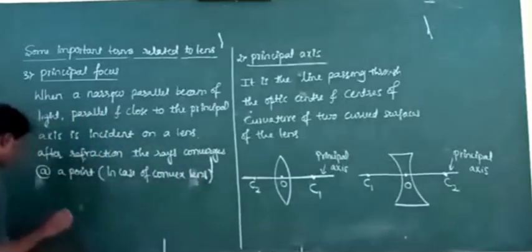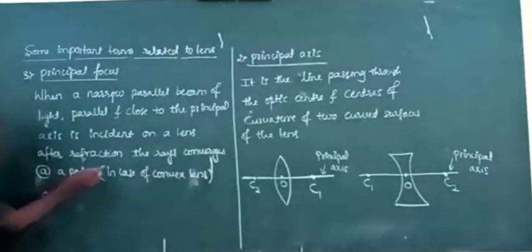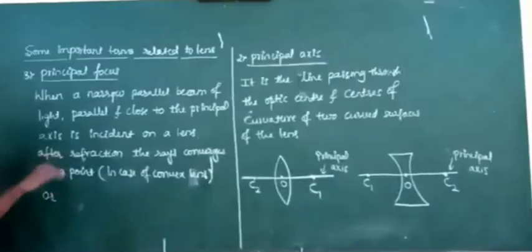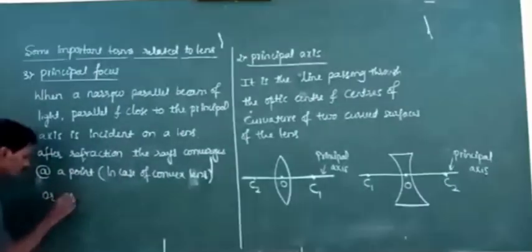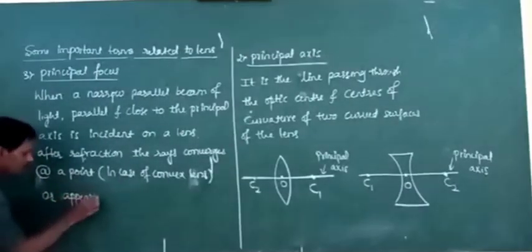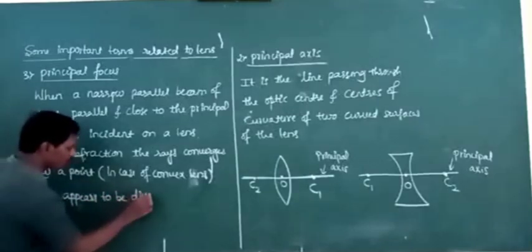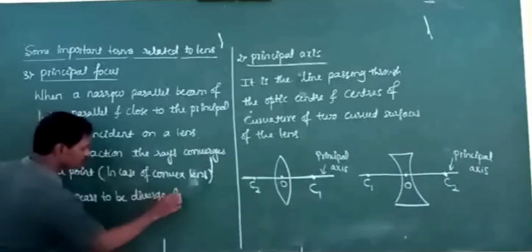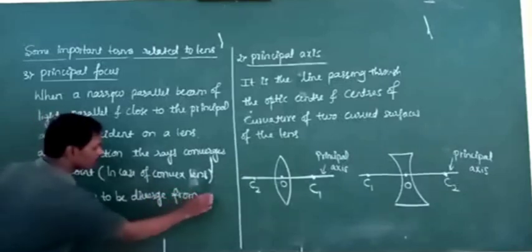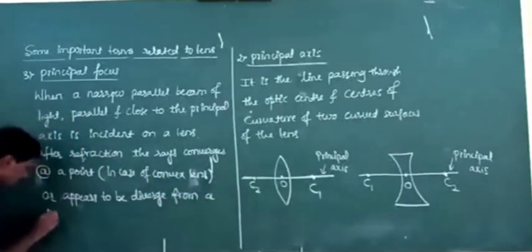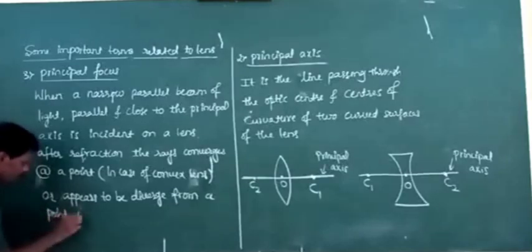Or the refracted rays appear to be diverged from a point, in case of concave lens.